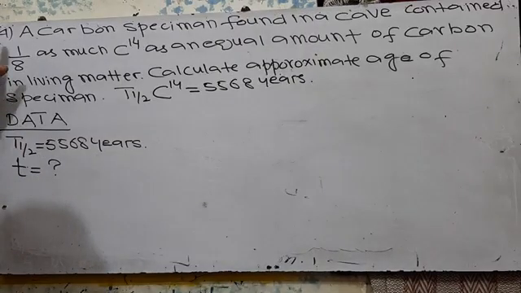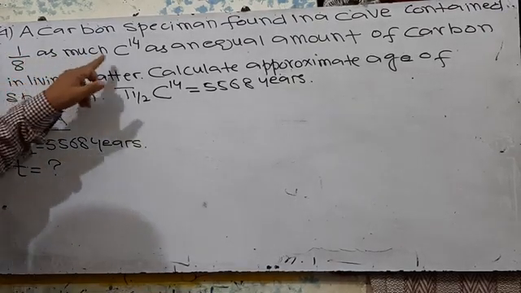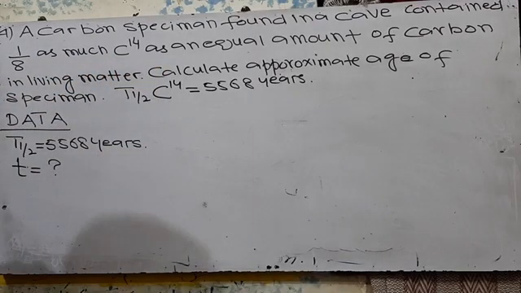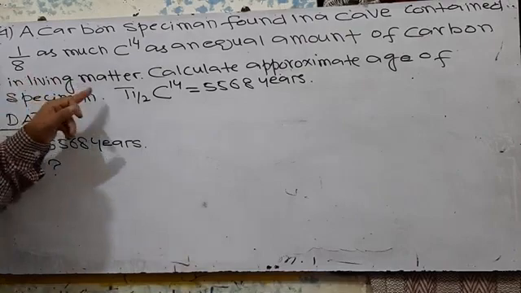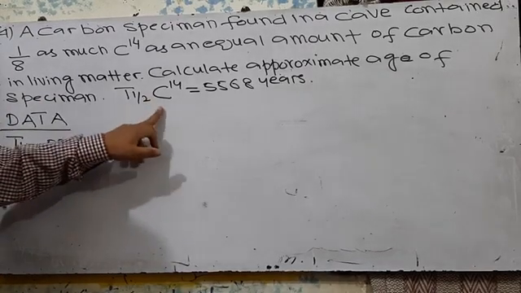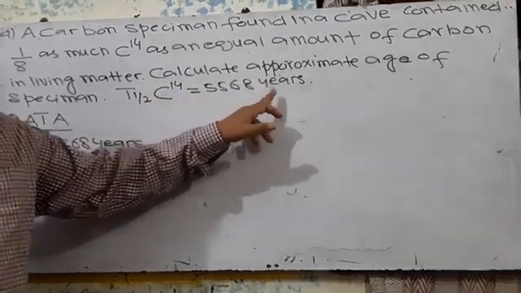Numerical: a carbon specimen found in a cave contained 1/8 as much carbon-14 as an equal amount of carbon in living matter. Calculate the approximate age of that specimen. The half-life of carbon-14 is 5,568 years.